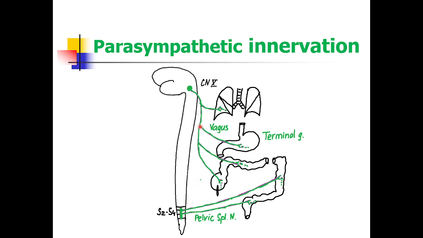We always have those ganglia inside the organs, and we name them all terminal ganglia, because I'm about to terminate my innervation. I'm already getting to my destination. Does it make sense, guys? So very good. Take a look. I synapse on my terminal ganglia here inside the organs, and very, very small postganglionic fibers will provide parasympathetic innervation.